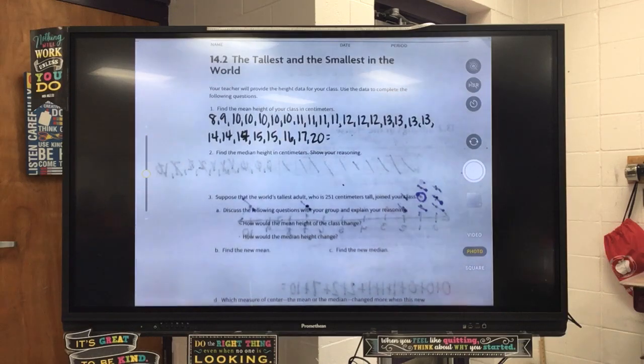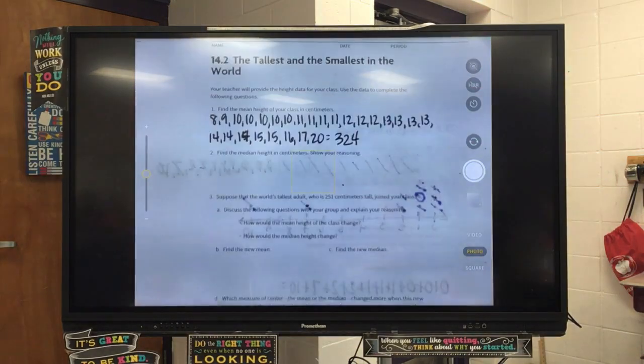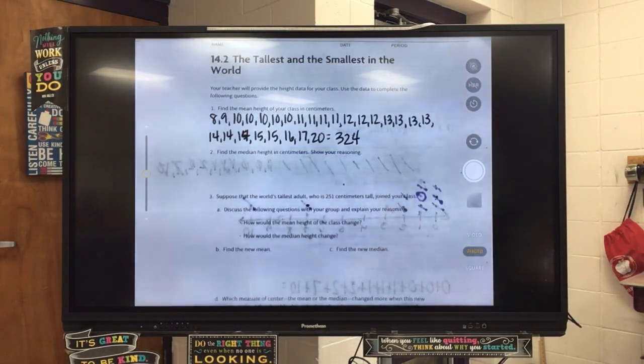Alright, I think if I added this correctly, you should get 324. Alright, how many numbers are in our data set? Count the numbers in our data set and raise your hand. Well, how many do we have in class?